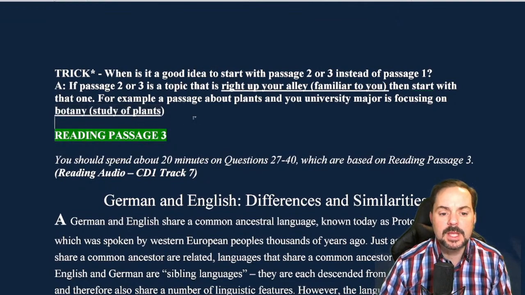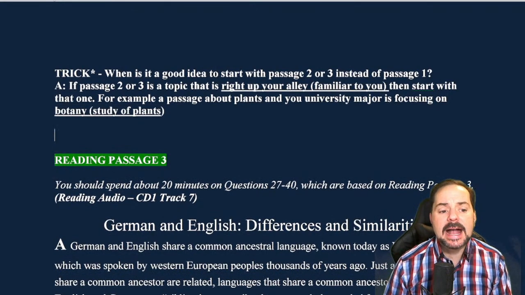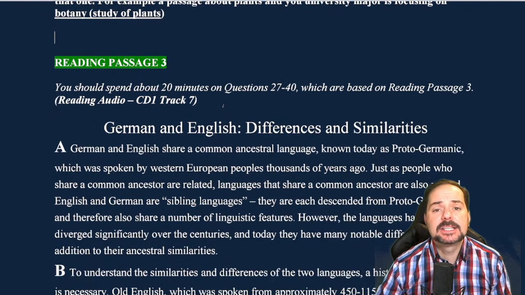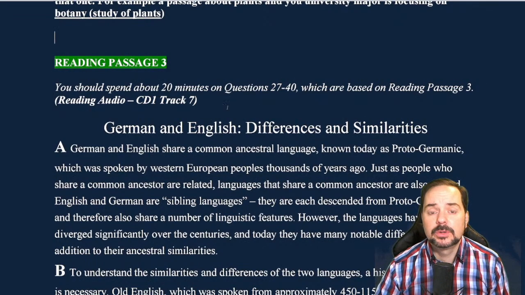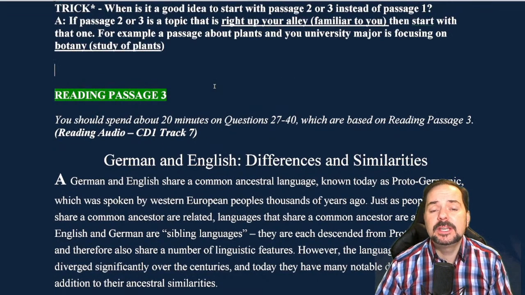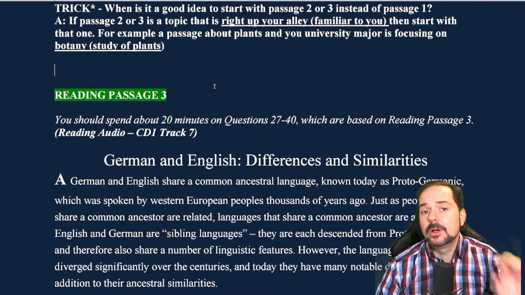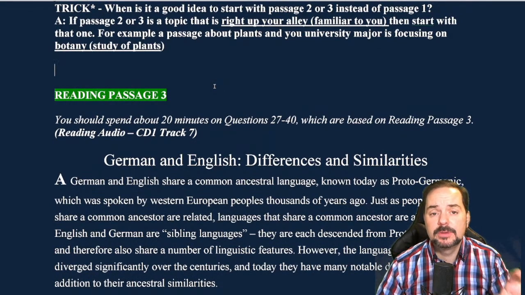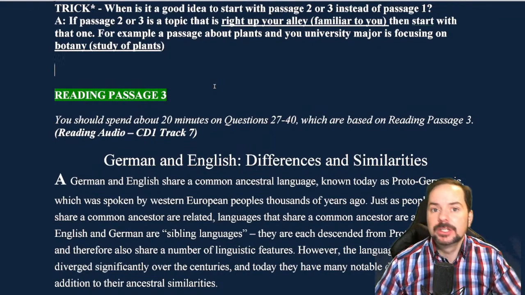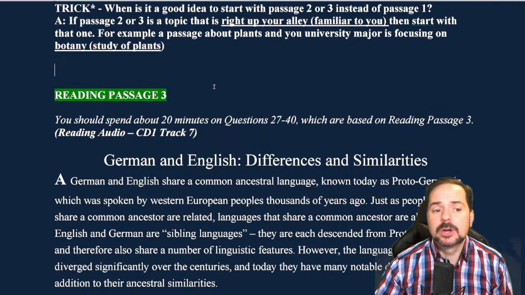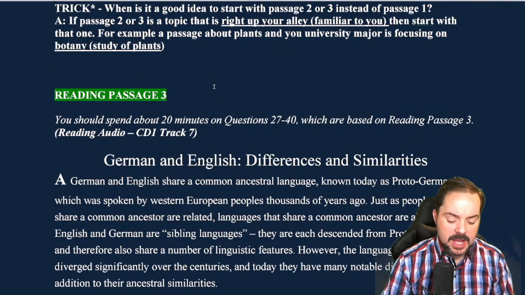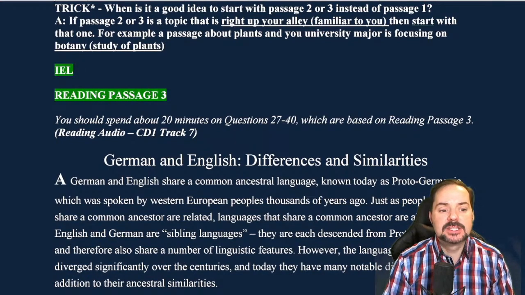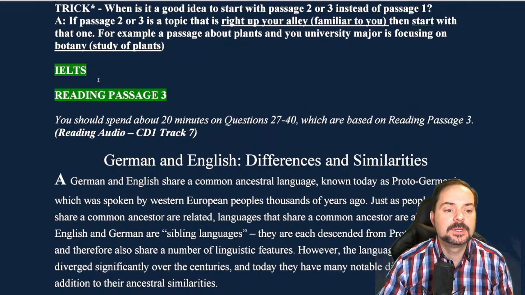Okay. So I'll tell you how they make these reading passages more and more difficult. Again, the tip here is when you start, read all 3 titles, read all 3 of the passage topics, and then start with the one that's easier.